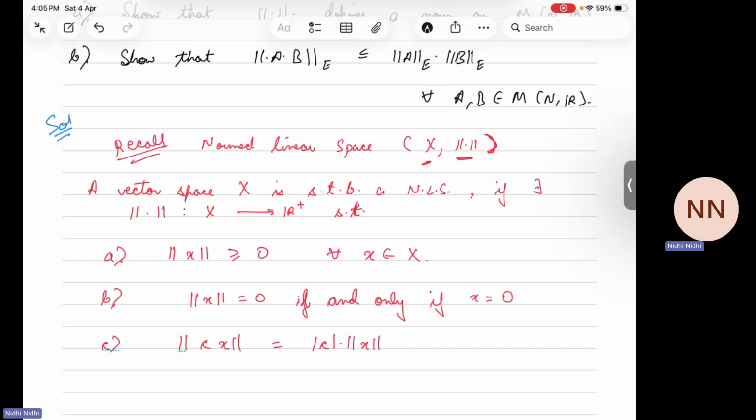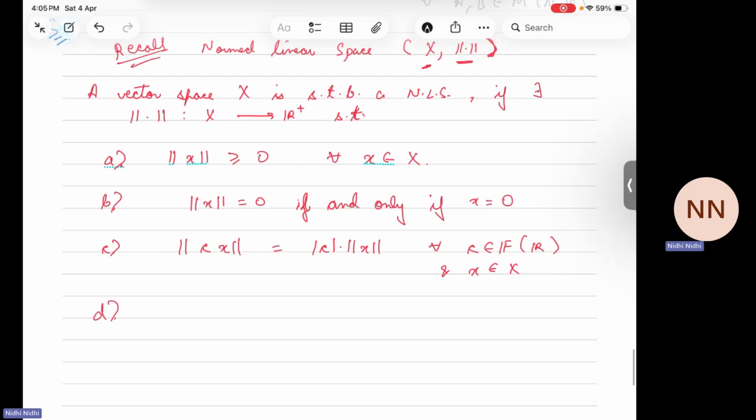In the context of normed linear space, if the field is not given, we assume that the field is either the real numbers or the complex numbers. And this happens for every c in the field, which is R here, and x in X.